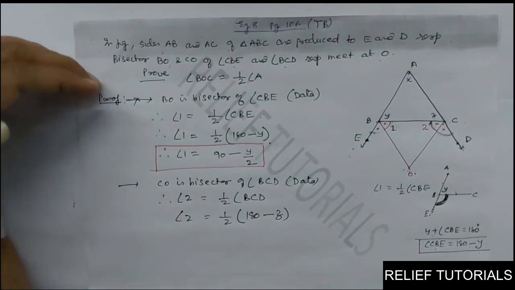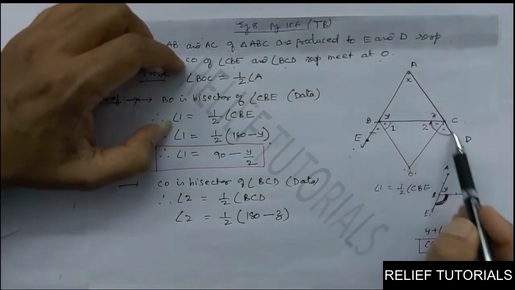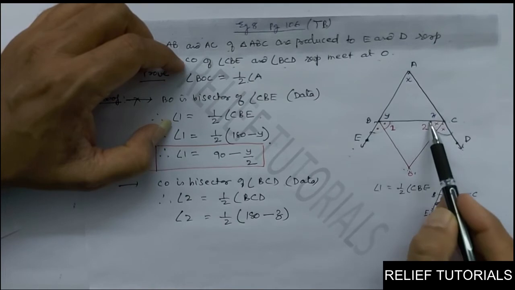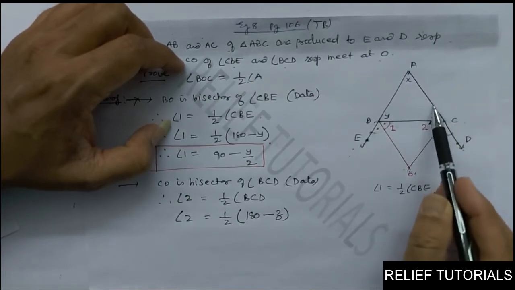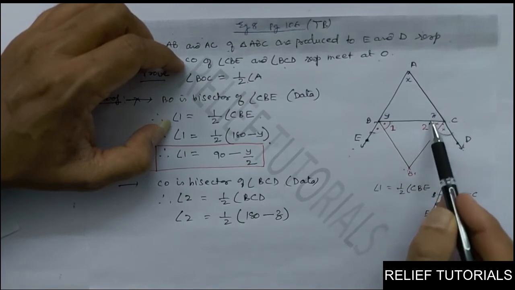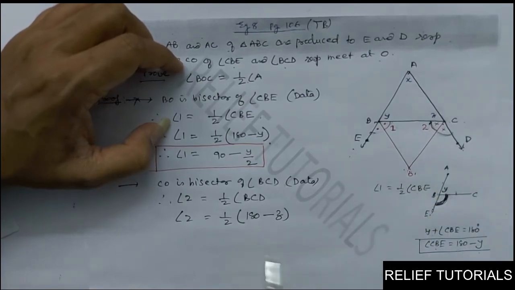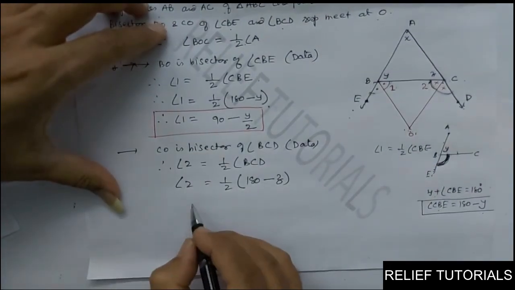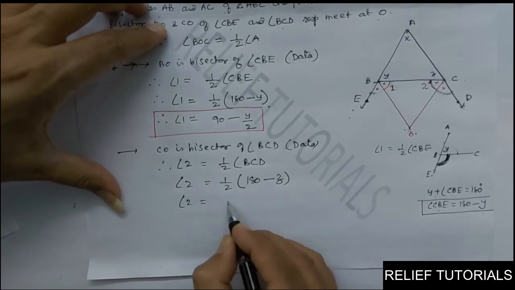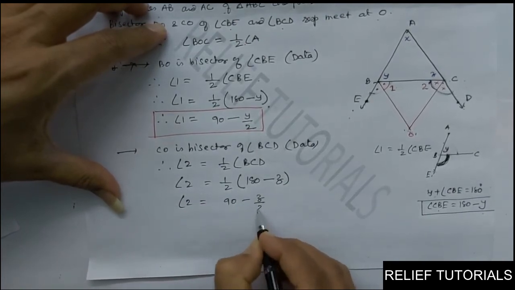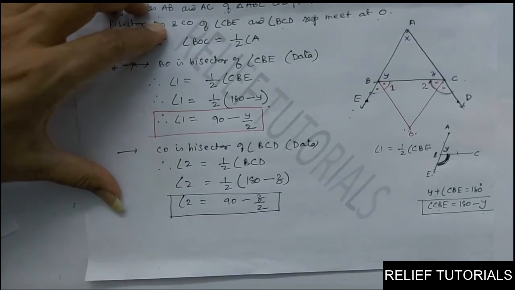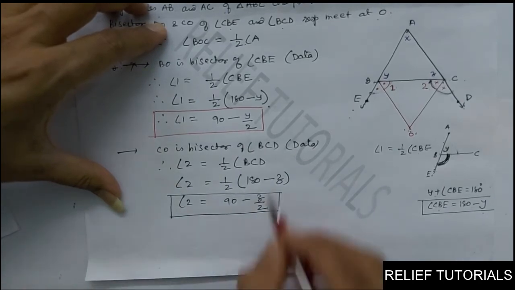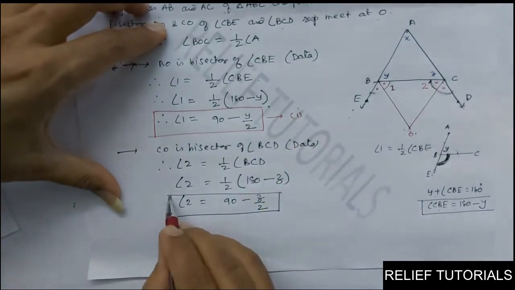Clear, friends? See here, this black color angle BCD, how much is it? From 180, you have to subtract Z. So you will get BCD. That's all. So angle 2, half of 180, 90 minus Z by 2. So you got angle 2 and this is angle 1.